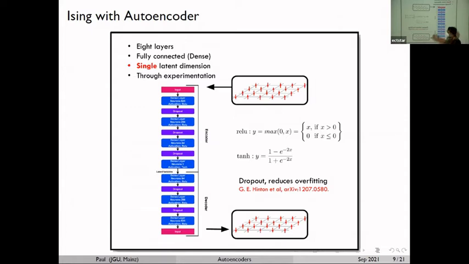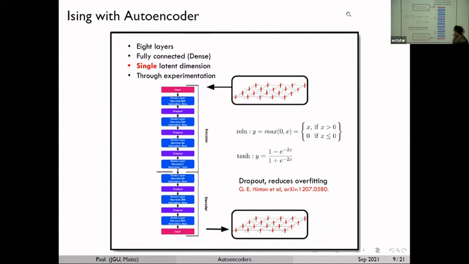Similarly, in this case, we try out different numbers of layers and different numbers of neurons in each layer. I don't know whether you can see this or not. So in the first layer, we have 625, then 256, and then 64, and then you have the latent variable with one neuron.